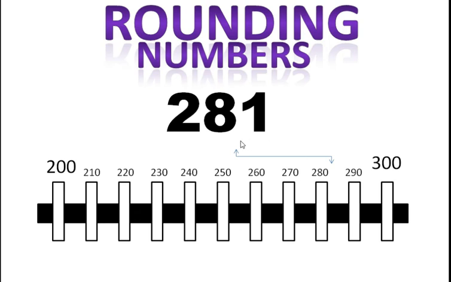Now if we take that same strategy and we count how many bars it takes to get to the 300, 1, 2. It takes 2 to get to 300. So we are closest to the 300. So we actually, with this number, had to round up to 300.